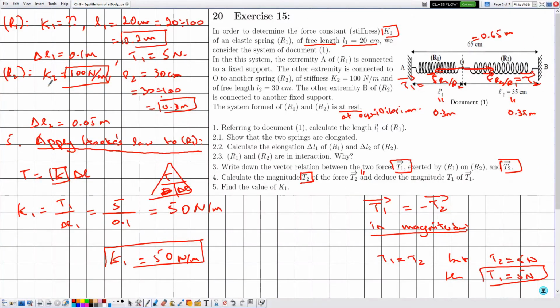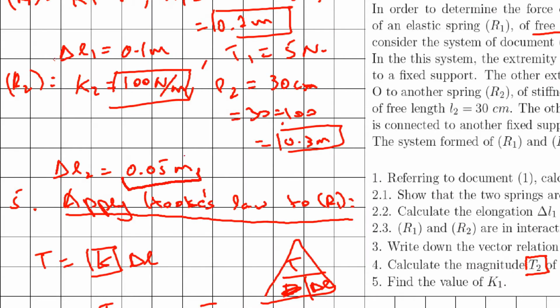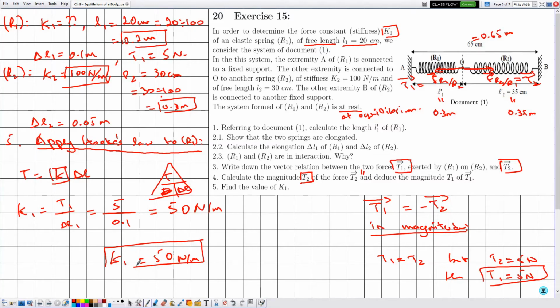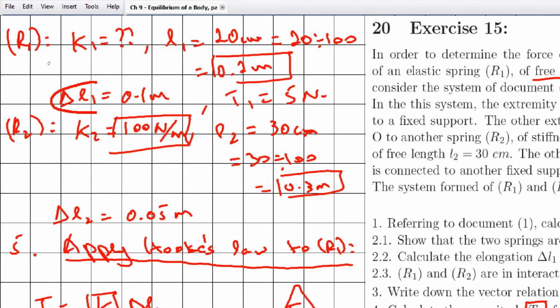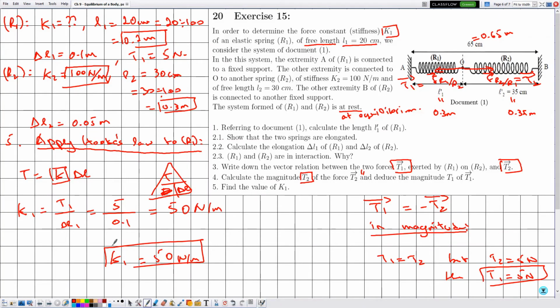For this reason, delta L2 will be the half of this, because this spring is more stiff than this spring. Okay, so when the spring R1 elongates by 0.1 meters, the spring K2 will be elongated only by 0.05 meters because K2 is more stiff than K1.